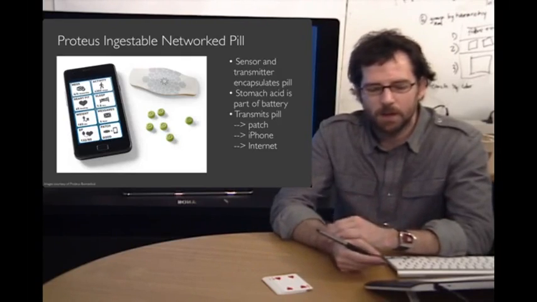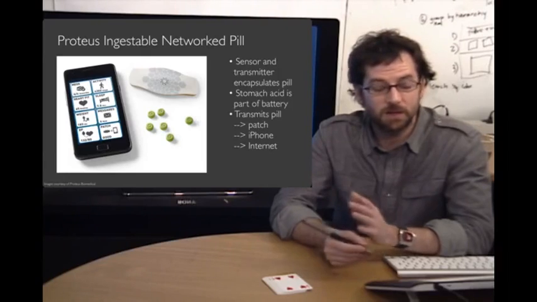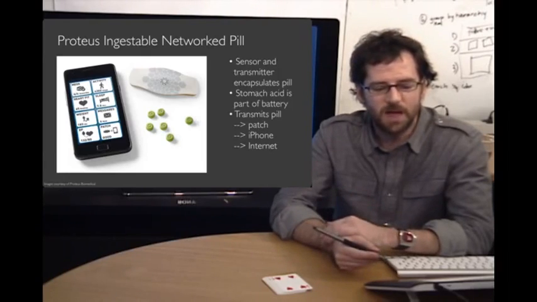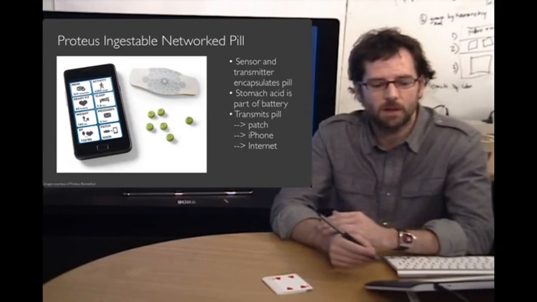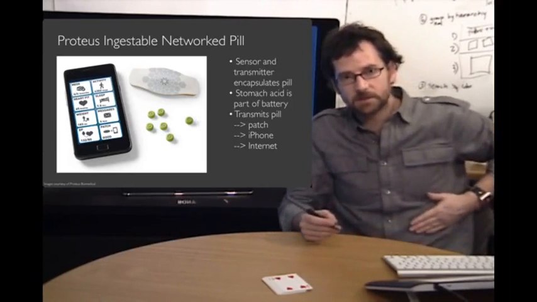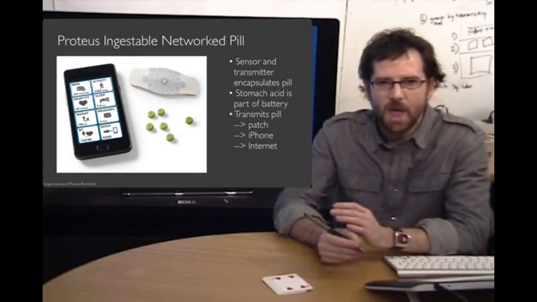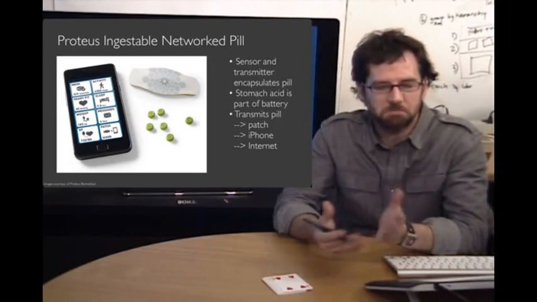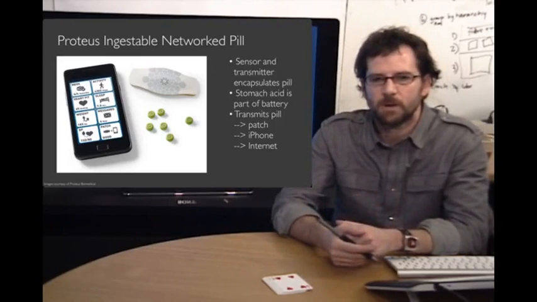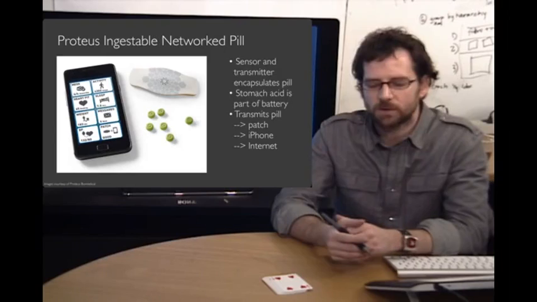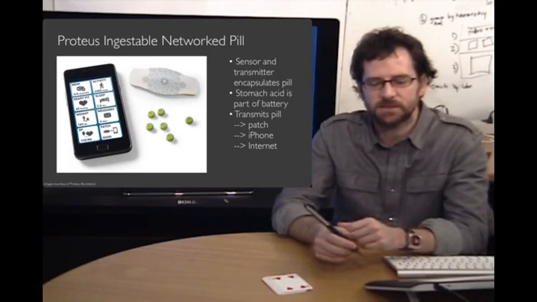There's another example of a really natural interaction in this system, which is that in addition to the pill, there's a transmitter that you need to stick to your body. And the transmitter has a limited battery life. So how do you turn the transmitter on? It's a Band-Aid-like system.